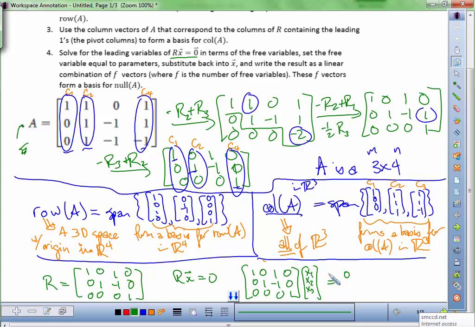Is that enough? No, because when we do the row times that vector, we need 4 things to multiply. So we need x4. So the null space is in what dimension? The null space is in R4.